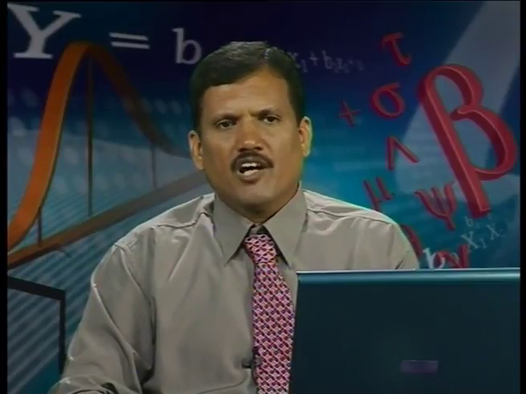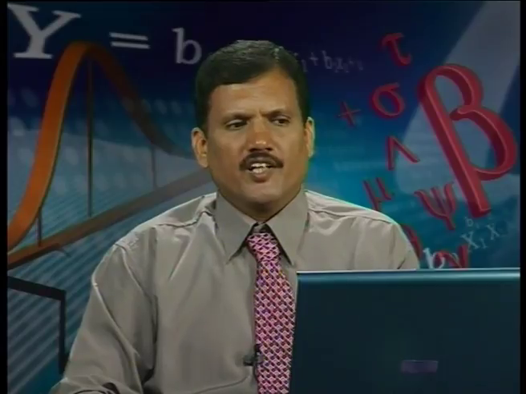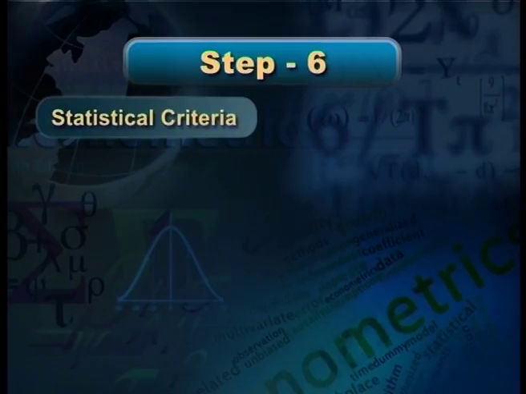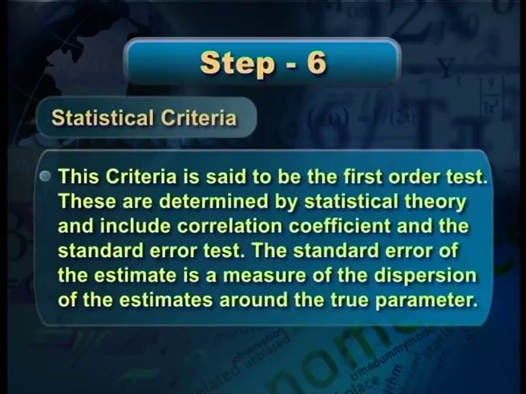That we have to see in the economic criteria. This is the a priori criteria. The next criteria, that is statistical criteria, is also called first order test. These are determined by statistical theory and include correlation coefficient.